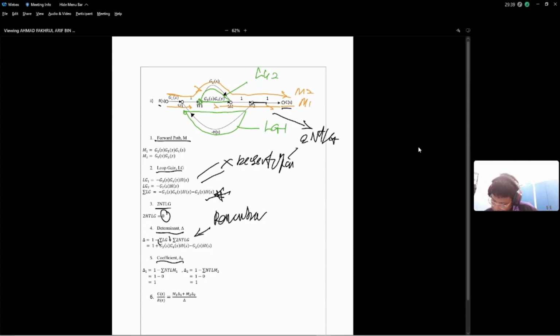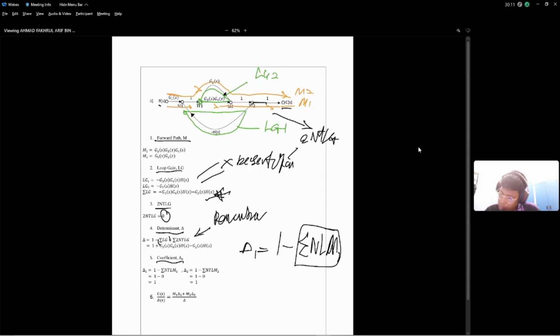Coefficient. We need to remember the formula first. Delta 1 sama dengan 1 minus sum of non-touching loop M. This mean non-touching loop forward path.